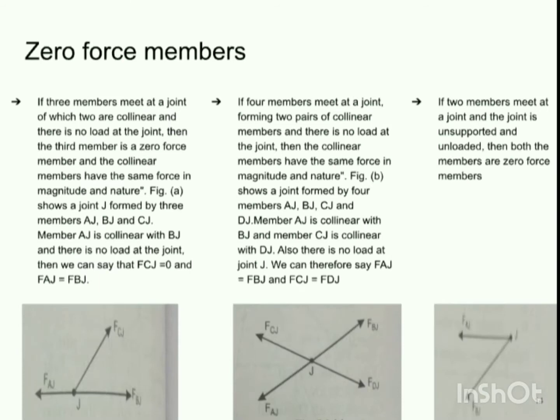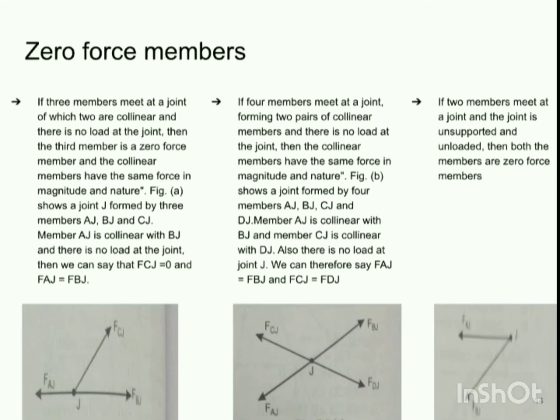Next is zero force member. Now, when we analyze the truss, we will come across an arrangement of members wherein the forces in the members, that is the internal force in the member, might be zero. So there are a few special cases, or I should say there are conditions wherein we can identify such zero force members.